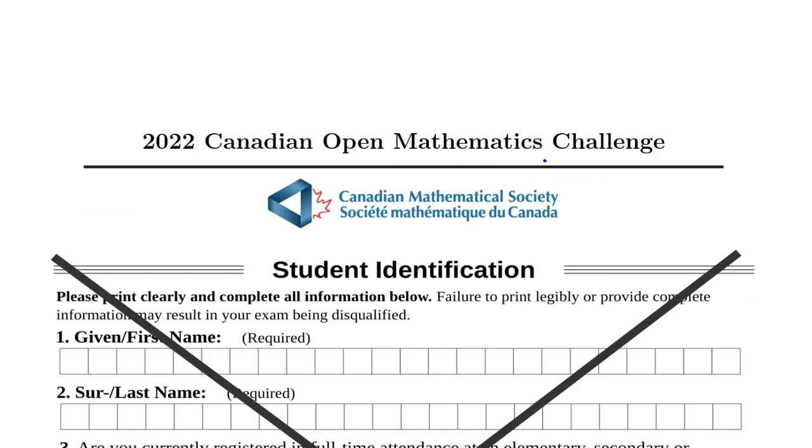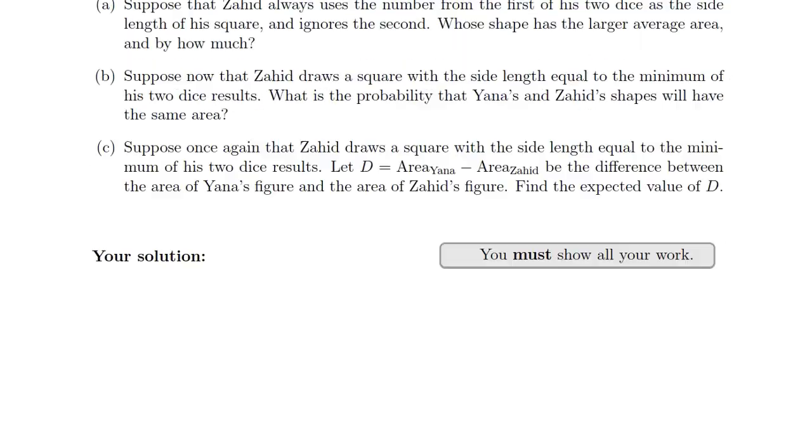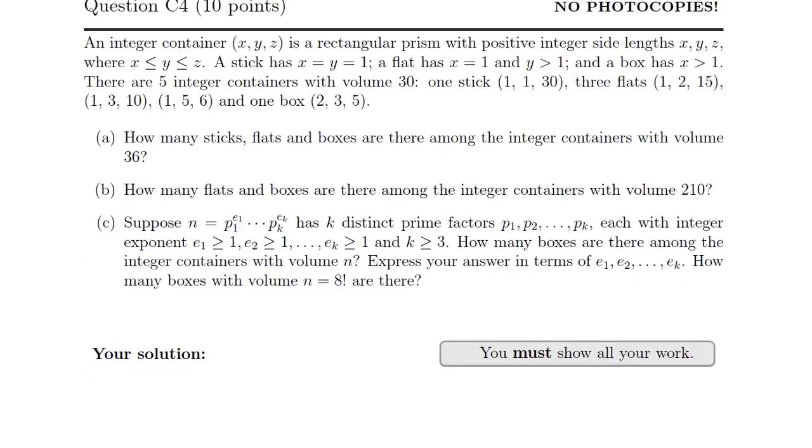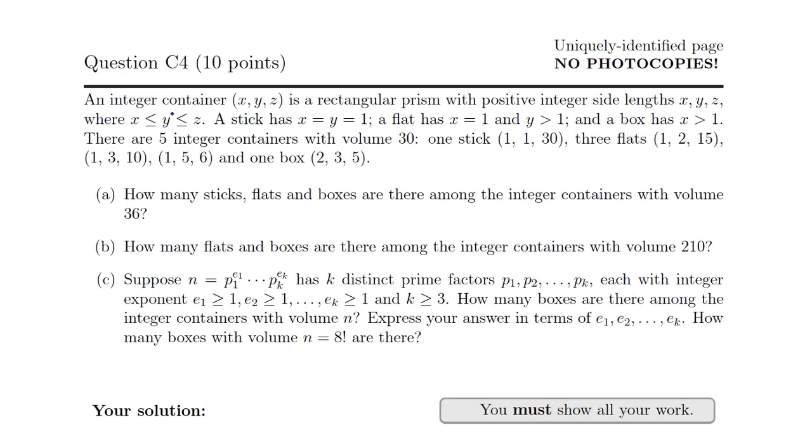Okay, 2022 COMC, let's consider some problems. Let's jump into the hardest problems. It is problem C3, C4, and there is no problem after that. It says an integer container XYZ is a rectangular prism with positive integer side lengths X, Y, Z, and x less than or equal to y less than or equal to z.